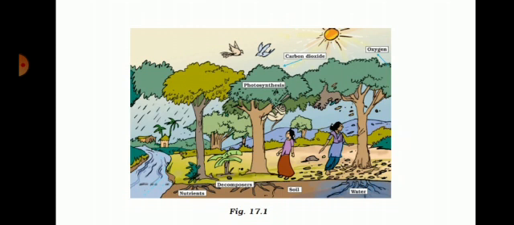The bodies of dead plants and animals get broken down into simpler substances, or decomposed, by decomposers like fungi and bacteria present in the soil. The fertility of the soil is increased by these decomposers. Who is called a decomposer?